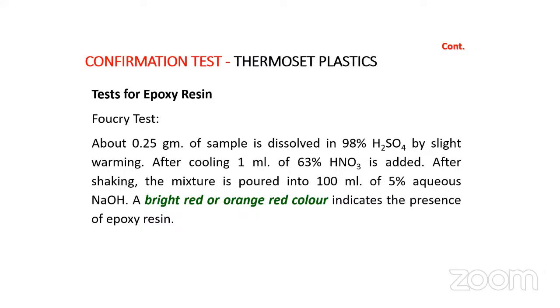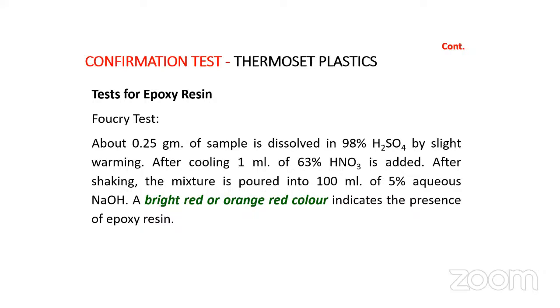By slight warming. After cooling, add 1 ml of 63% HNO3. All the chemicals mentioned here are acids: H2SO4 and HNO3. Then after shaking, the mixture is poured into 100 ml of 5% aqueous NaOH.